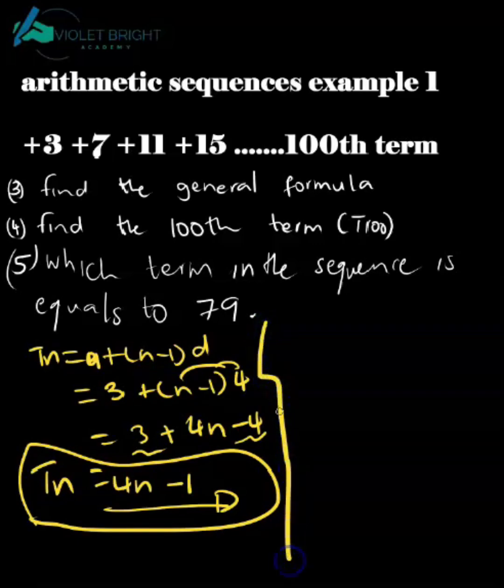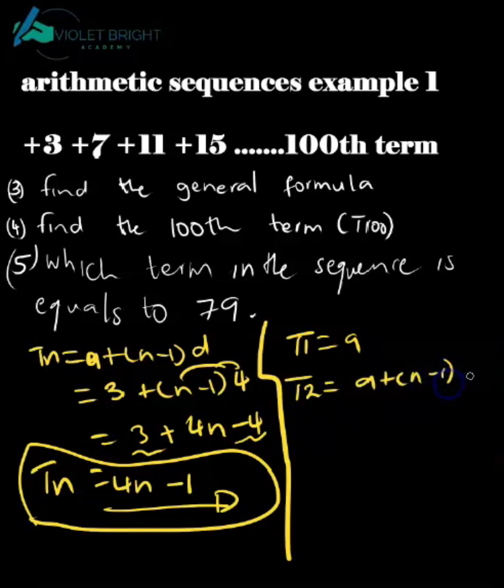So now, most usually we can try using this whenever we're looking for other formulas. So in most cases they might give something like this. So we know that T1 is equal to A, T2 is equal to A plus n minus 1 D. So I'm not gonna use this.